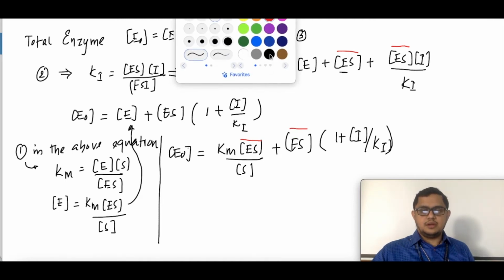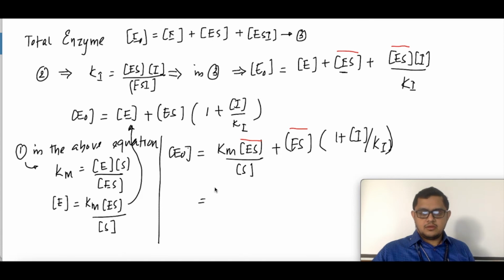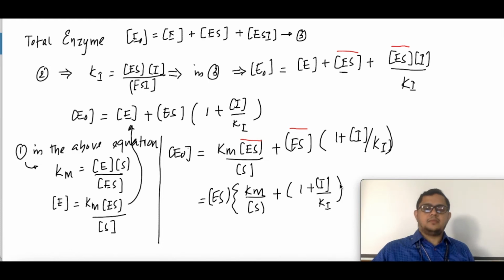So, that the equation becomes, sorry, if I am taking Es out, this equation becomes Km divided by S plus 1 plus I by Ki. This is equal to E naught.